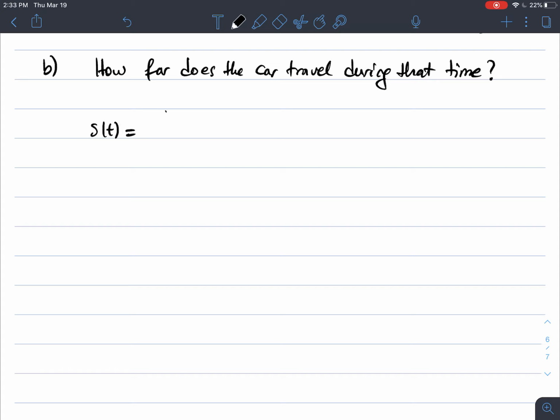And the position function is the integral, or the antiderivative, of the velocity function. So we have to integrate negative 15t plus 88. And we're assuming that s0, the initial position, is 0, because we're counting how far the car travels from the time it starts decelerating to the time it stops.